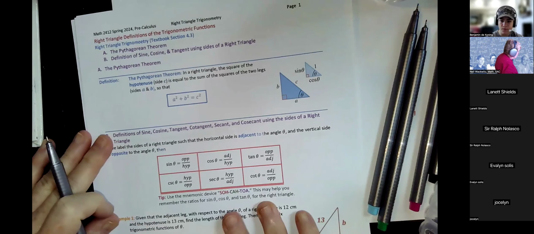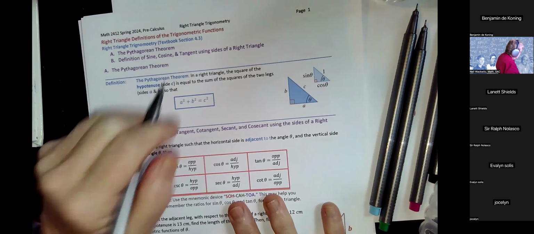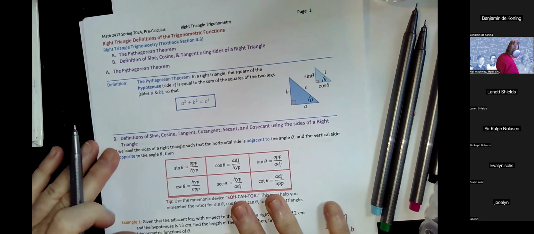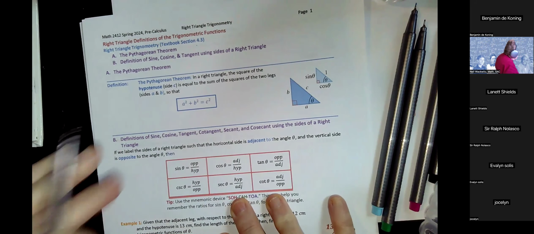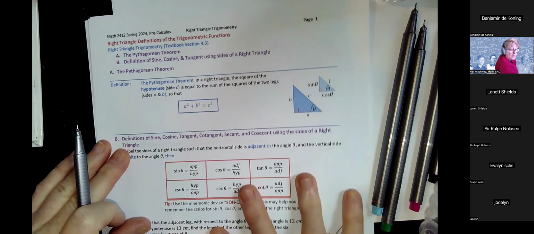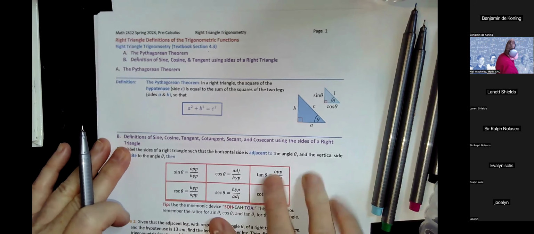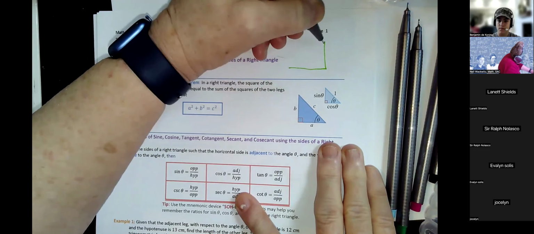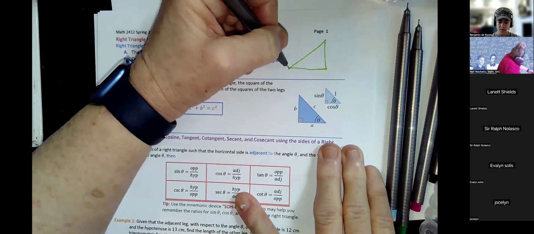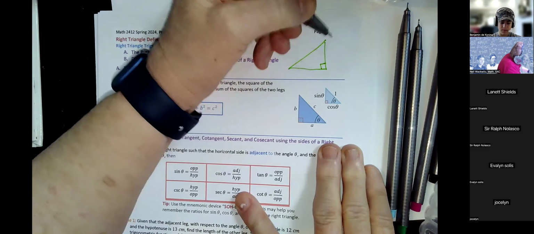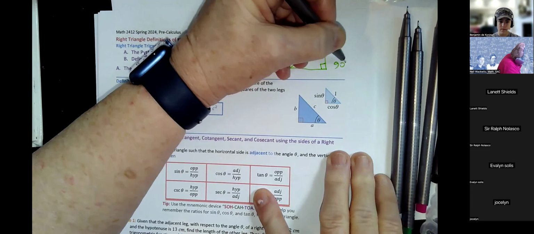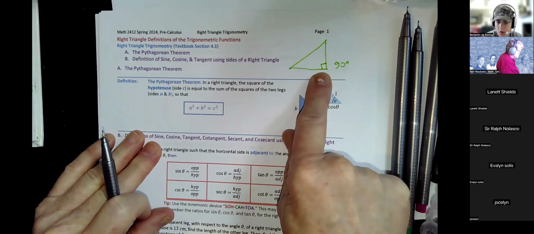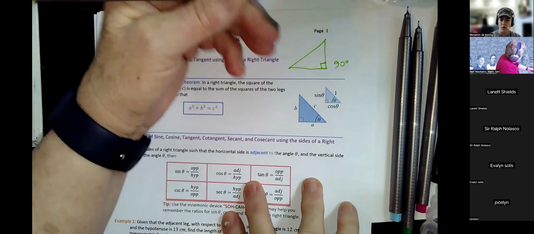So we're going to start with trigonometry, and this is textbook section 4.3. The Pythagorean theorem is based upon the sides of a right triangle. A right triangle has a 90-degree angle, which just means that one of the angles of the triangle is 90 degrees.